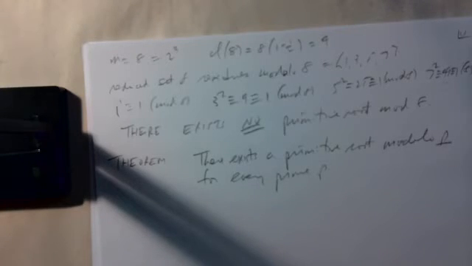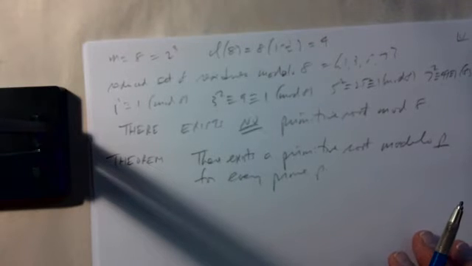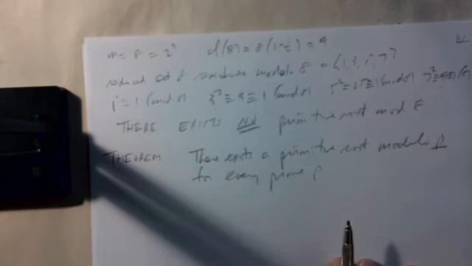So, Professor, quick question. There could be more than one primitive root? Yes, the primitive root is not unique. And we'll actually prove a theorem that says how many primitive roots there are.